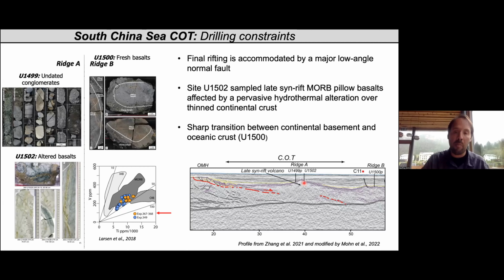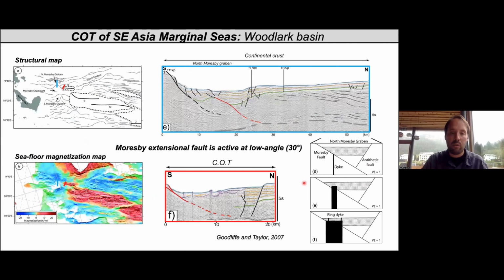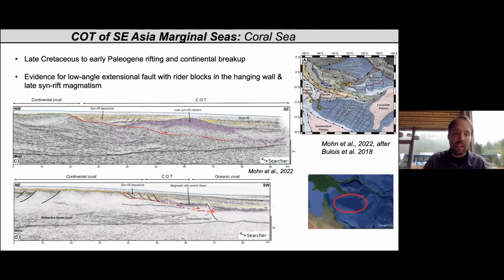In the other examples, we are less constrained, and we rely on seismic interpretation. This magmatism cross-cuts the North Moresby or the Moresby fault, and in the Coral Sea, the post-rift sediment onlaps this volcano.